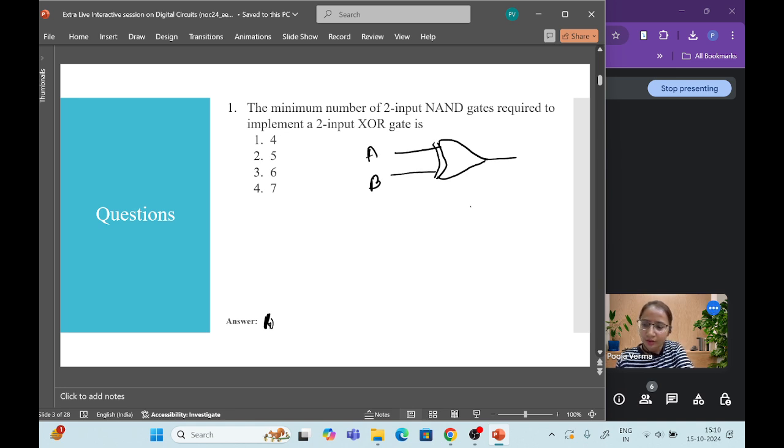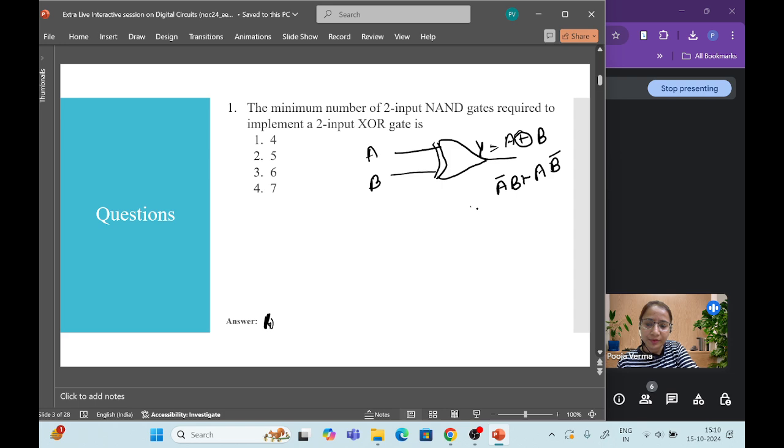This is a two input XOR gate logic diagram, represented by A XOR B, where A and B are the inputs and Y is the output. It is also represented by A dash B plus A B dash, right?